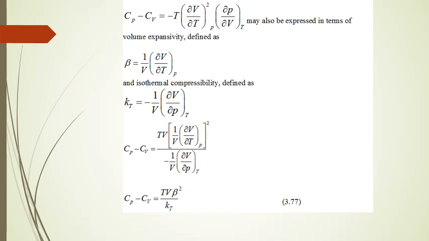Now Cp minus Cv is equal to T into V into beta square upon Kt. This is the final expression that we have obtained when we have substituted the expressions of beta and Kt in the above equation, that is the equation written as the first expression on this slide.